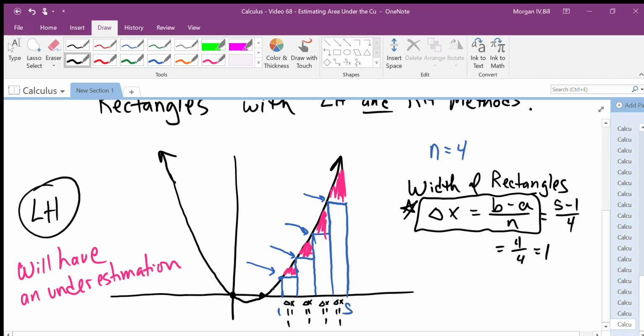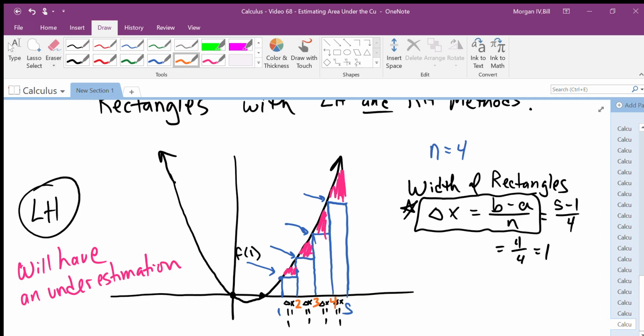Well, the leftmost endpoint of the first rectangle is at an x value of 1. So this first height will occur at f of 1. The next height will occur at the leftmost endpoint of the next rectangle, which will be at a distance 1 plus that delta x, which is 1, right? So this would be at 2. And then the next one occurs at 3, and then at 4, because they're all 1 apart.